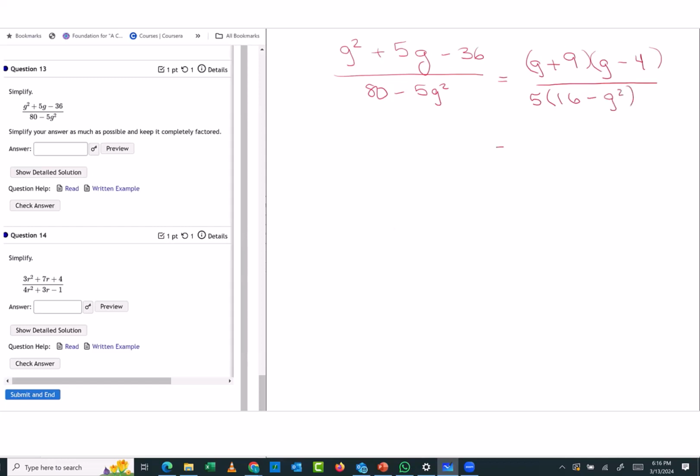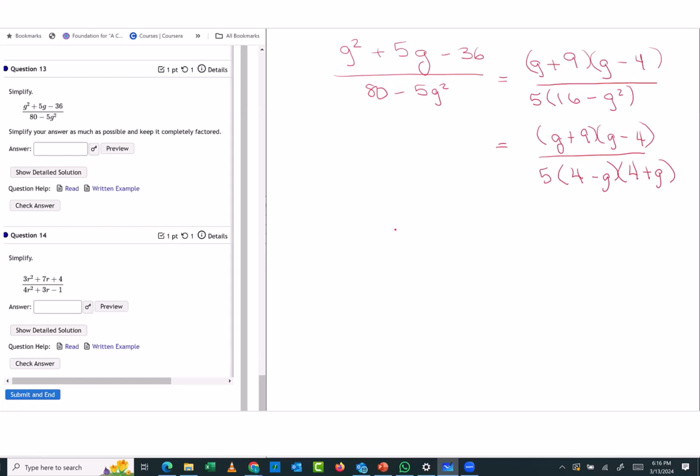And now I can see that I have the difference of squares in the denominator. This is 4 minus g times 4 plus g. It's the difference of squares. And now I can cancel. Can I cancel anything?